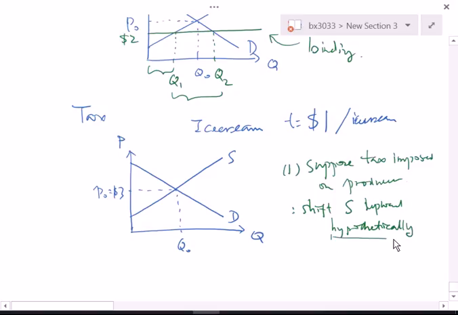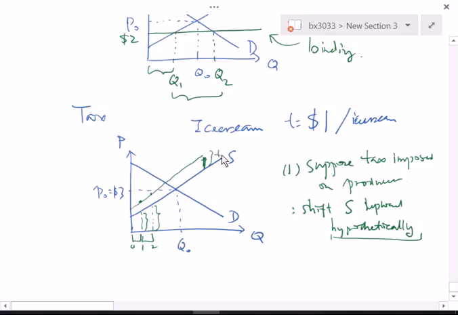So for example, before tax, to produce the first ice cream, the actual cost is this many. However, because now you have to pay $1 tax, the actual cost will be this many. Similarly, for the second unit, previously the actual cost of producing the second unit was this many, now it's this many, and so on and so forth. So you can think that there's a hypothetical shift of the supply curve by the amount of the tax.